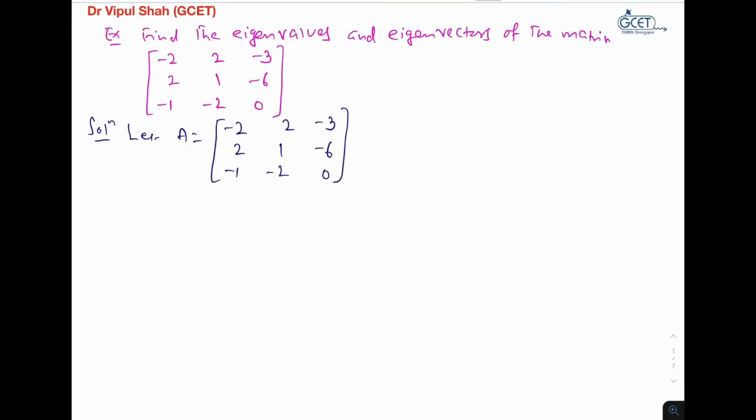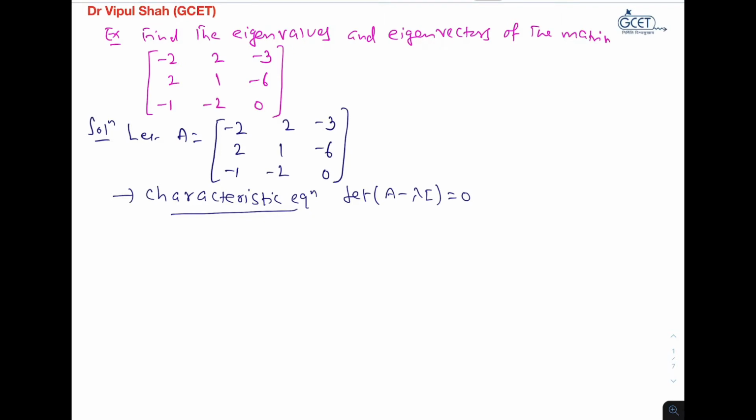Now we know that first we need to find the characteristic equation, and the characteristic equation is nothing but the determinant of A minus lambda I equal to 0.